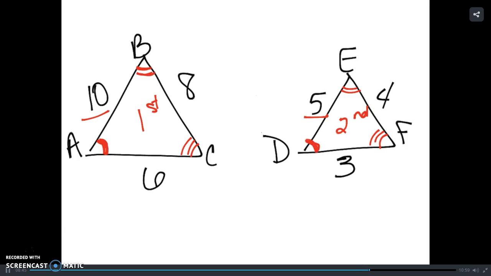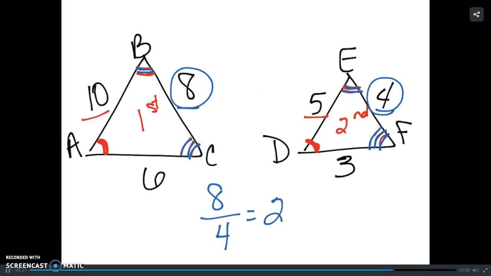Notice that's the same over here, 1 tick mark on D, 2 tick marks on E. That's really important. If we were going to compare a corresponding side that wasn't one of those, one way to find it would be to look at the tick marks on those angles. B has 2 tick marks and C has 3 tick marks, so 8 is between them. So I could do 8 over E has 2 tick marks, F has 3 tick marks, so 4 is the side between them, and I could compare those.